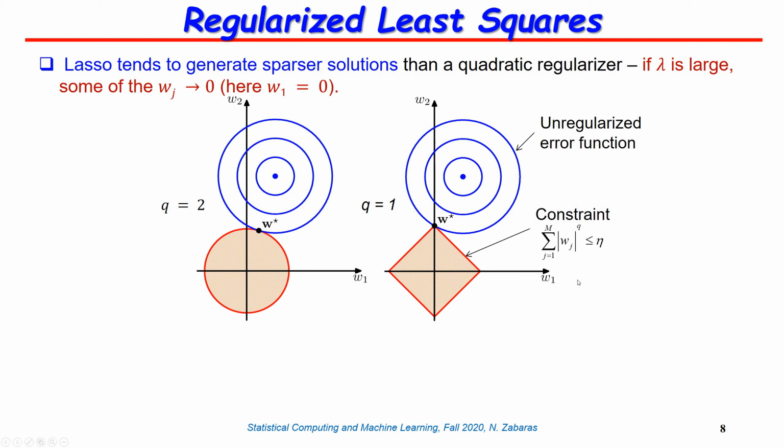And this is exactly why this Lasso regularizer leads to sparsity in your model. It enforces that some of these W's are going to be 0. In this particular case with the quadratic regularizer, both W1 and W2 are, as you can see, non-zero.